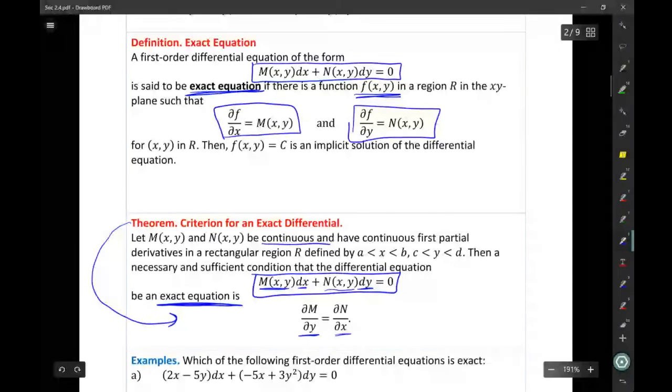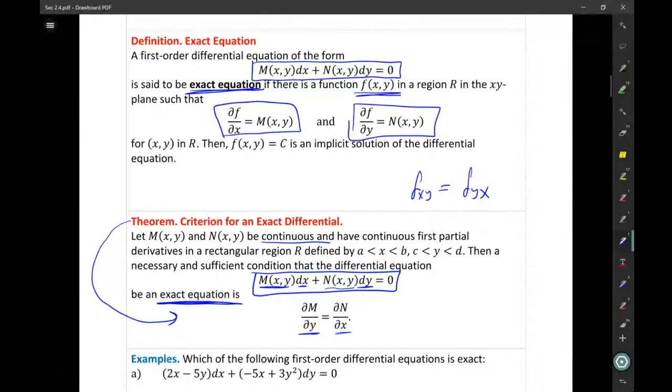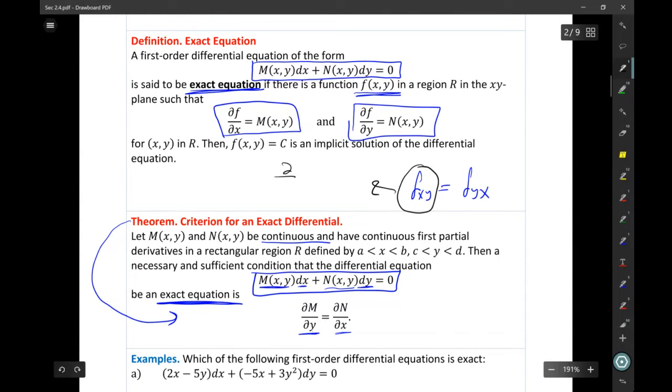Why? Because we know that if a function is continuous on a region R, then f sub xy is equal to f sub yx. This is from calculus 3. And f sub xy means what? It means d by dy of df by dx. But df by dx, I call it what?